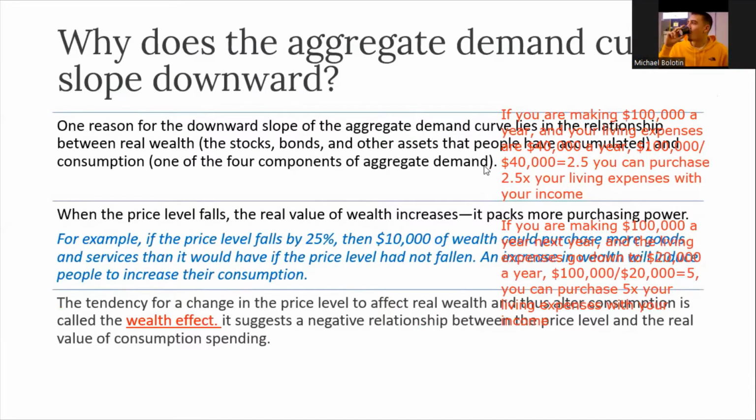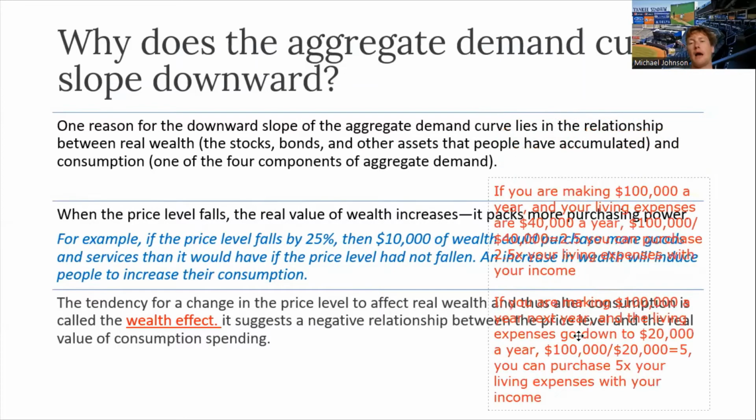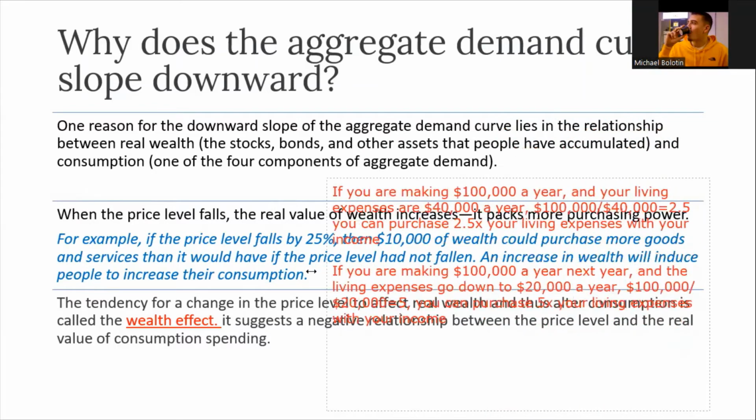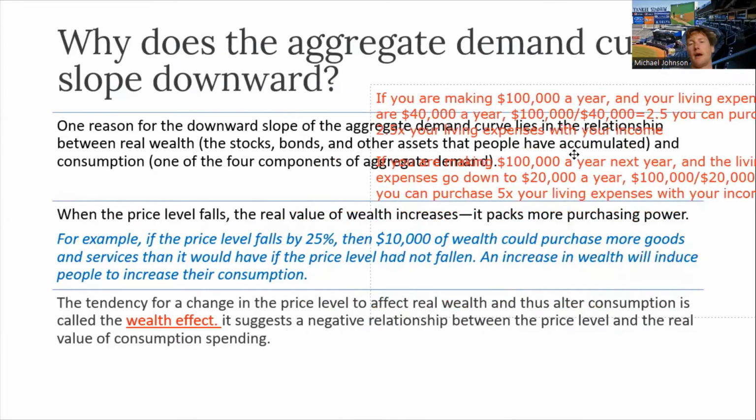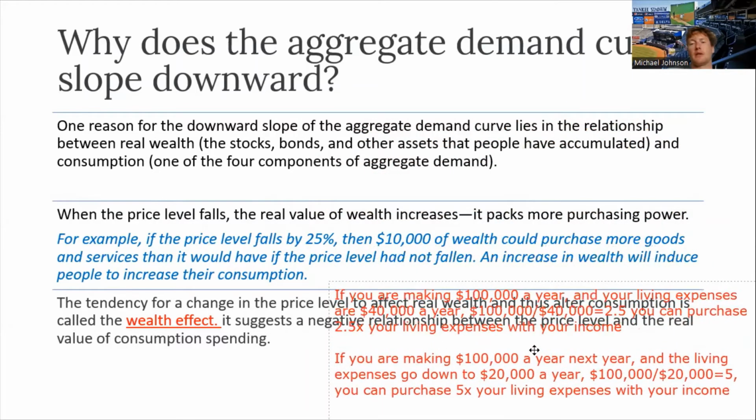Student: If the price goes down, won't your income also go down because there's less money circulating back? That's a good point. I like that point. You're right. We're just assuming that your income will stay the same.